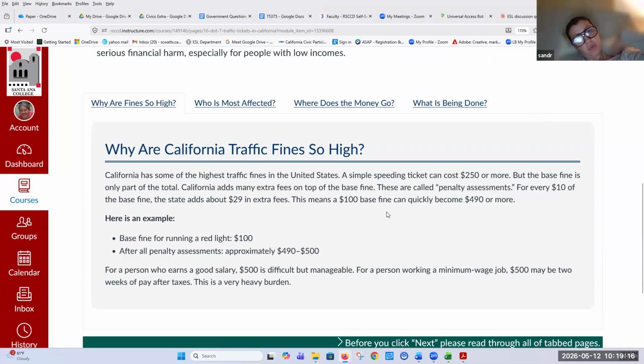So when the police give you the ticket, the ticket in the example is $100, but that's not the money that you have to pay, because of the extra fine. If the money is right on the ticket, you should be able to pay just that if you do it on time.